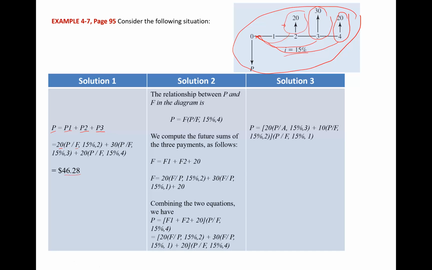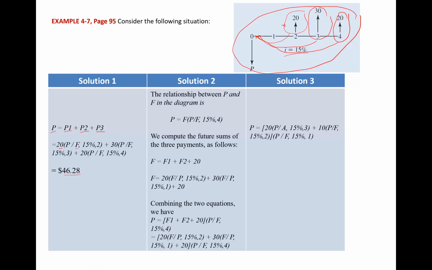Now the second solution, we can write the relationship between P and F in the diagram. P will be the future value multiplied by the factor looking for P given F, 15%, 4 years.